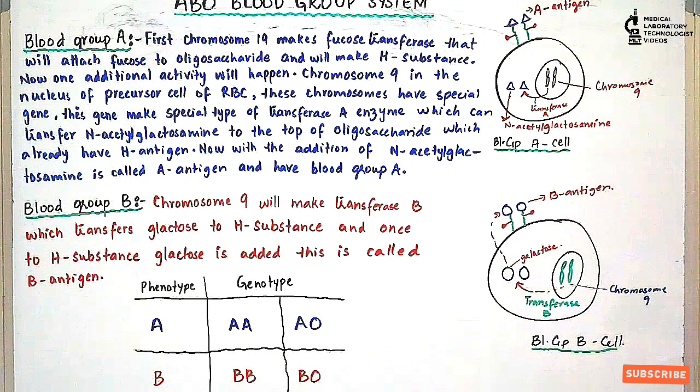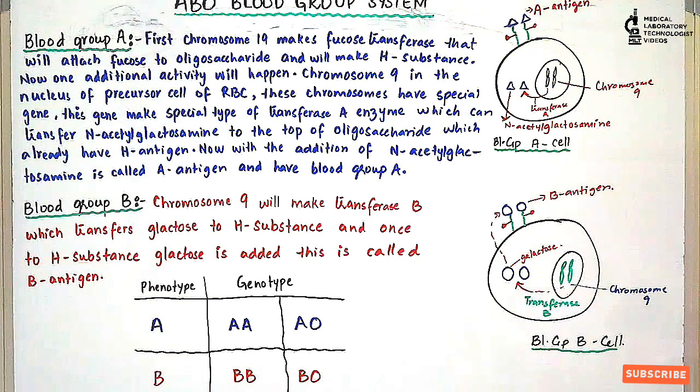One chromosome comes from the father and one from the mother. In chromosome 9, at one specific locus, there will be a functional gene, and that gene produces a special enzyme called transferase A. The function of this enzyme is to attach N-acetylgalactosamine to the oligosaccharide.